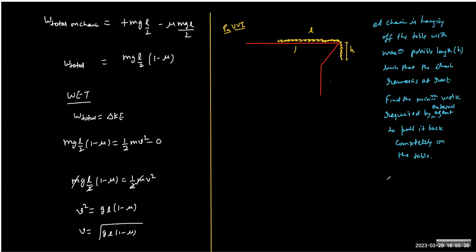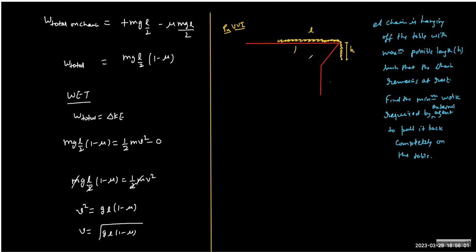Okay. So now the job has changed. I haven't given you the mu value, but it is logical. If something is at rest, can we imagine the chain at rest without friction? Is it possible that the chain will be like this if there is no friction between the table and the chain?